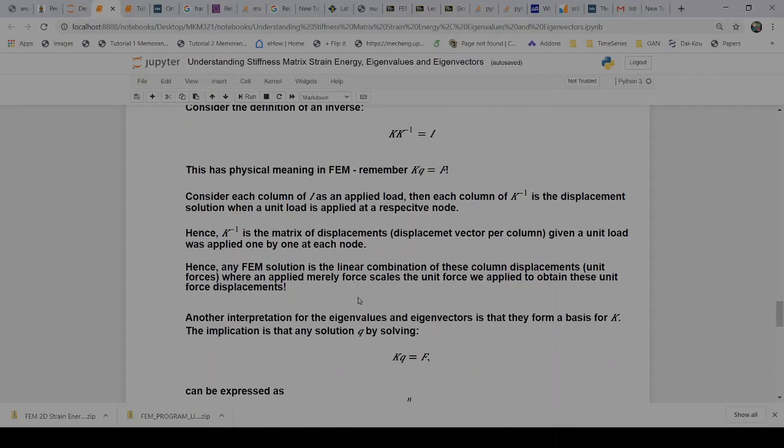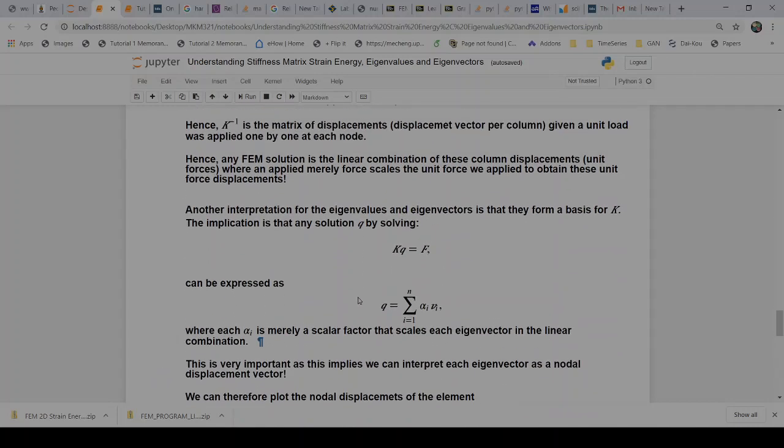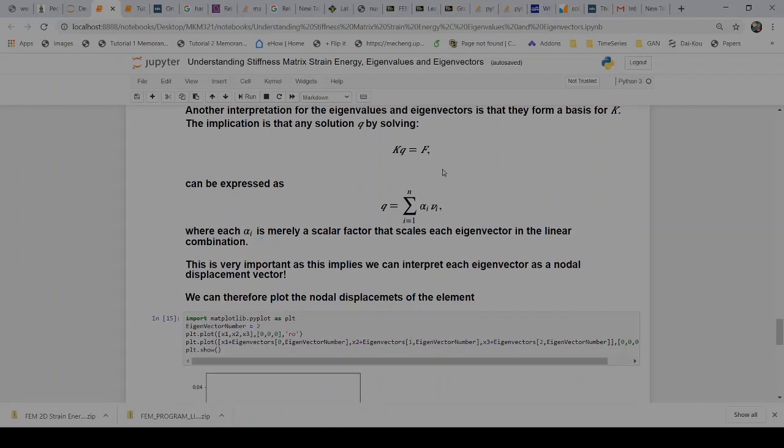And so, if V forms a basis, then essentially I could express any of the solutions that I solve from the system, this Q equals K inverse F, as a linear combination of the eigenvectors. That's a really important point, because once I start doing this, I now have a physical interpretation of these eigenvectors. They actually mean nodal displacements.